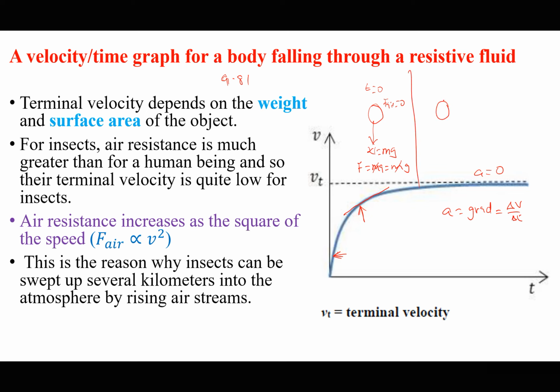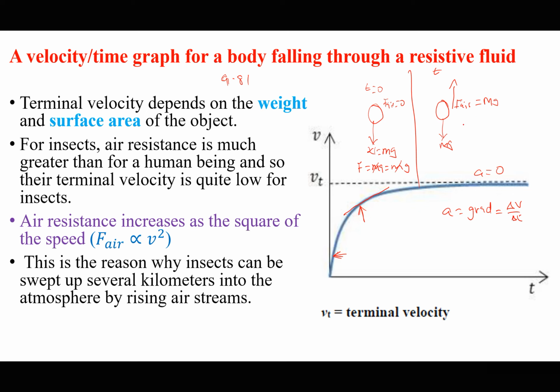After some time, as time goes on, the weight does not change, but the air resistance starts increasing. So after some time t, the force due to air resistance, let me call it F air, is going to be balancing the weight mg.